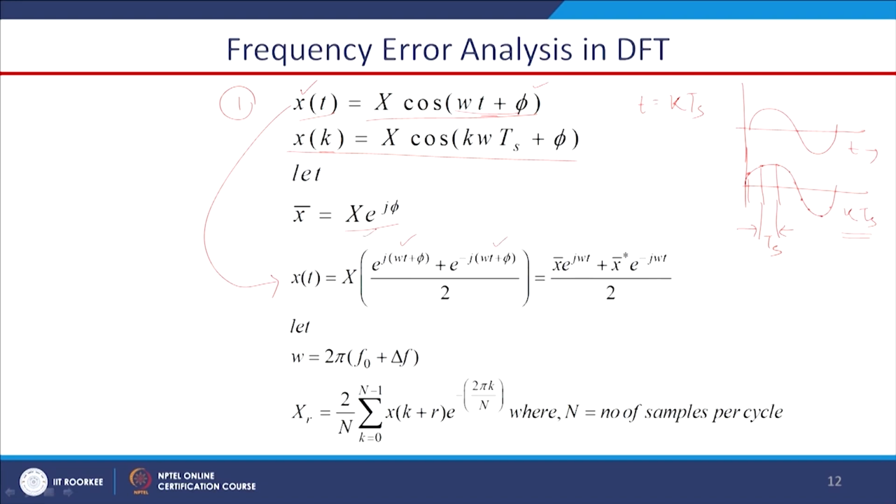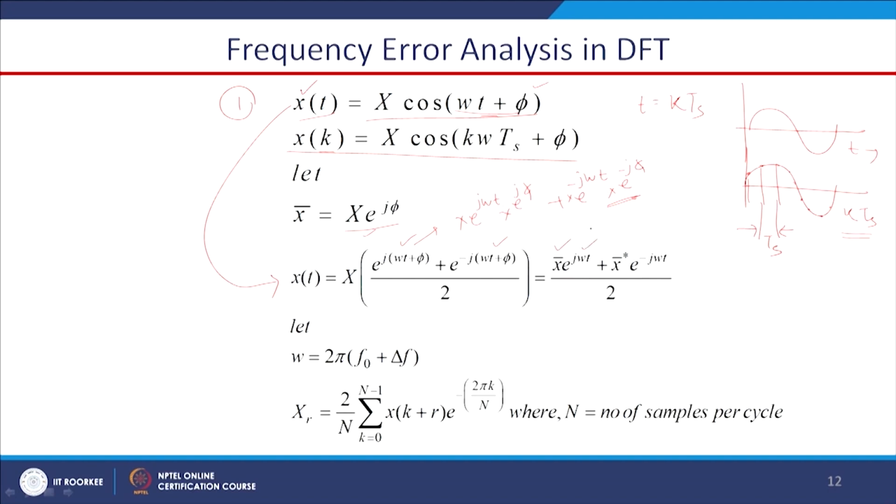Decomposing this, e to the power j omega t into e to the power j phi, plus e to the power minus j omega t into e to the power minus j phi. Multiplying in x, this expression can be written with the abbreviated small x bar times the rest of the term, e to the power j omega t.